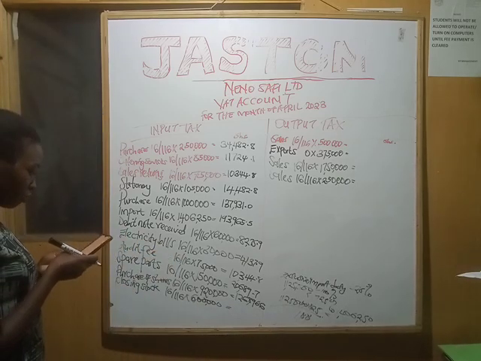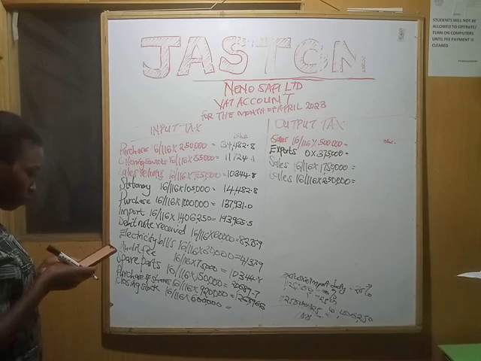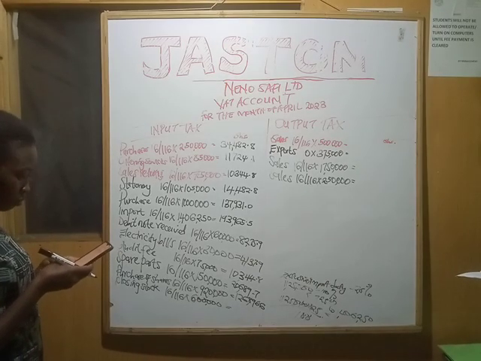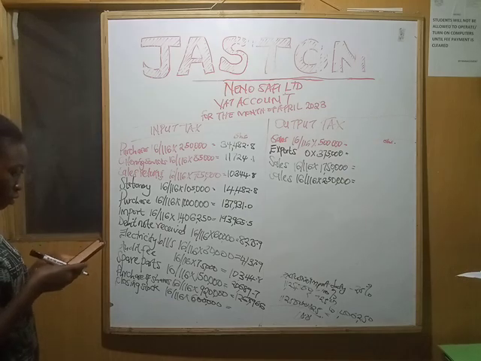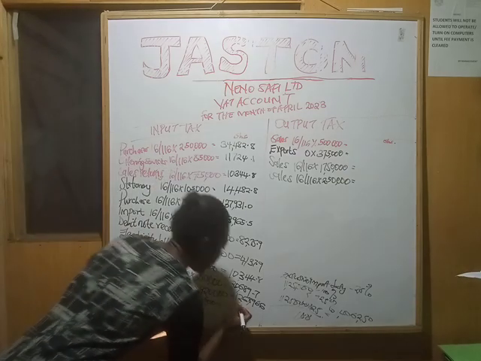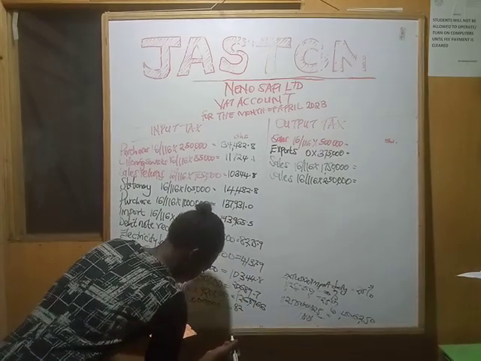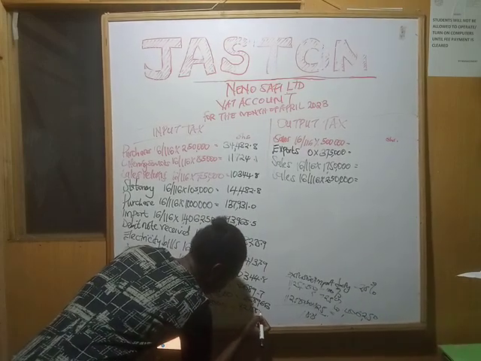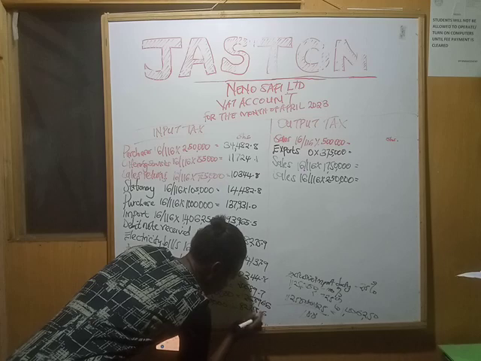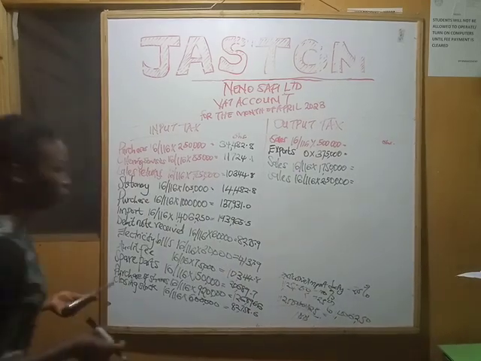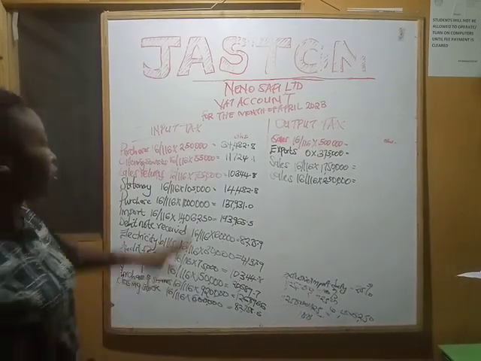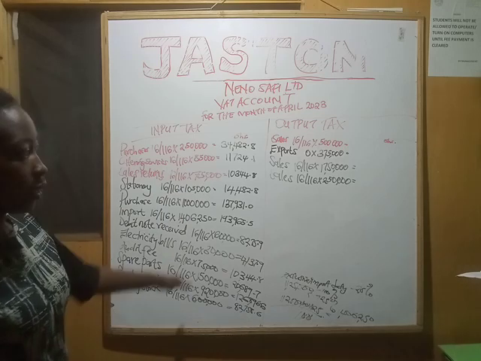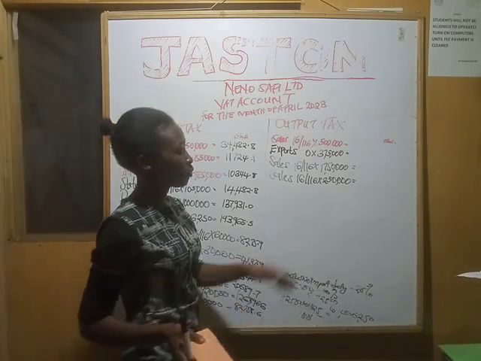We have 16 divided by 116 multiplied by 600,000. This is 82,758.6. So this is our input tax. We head on to the output tax.